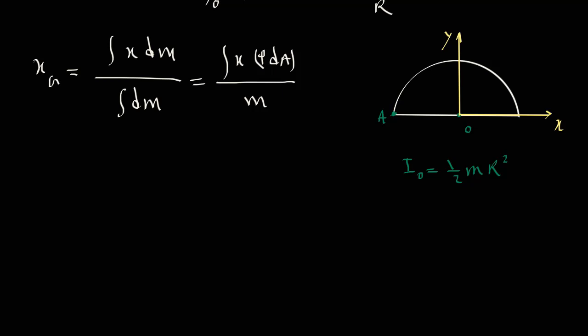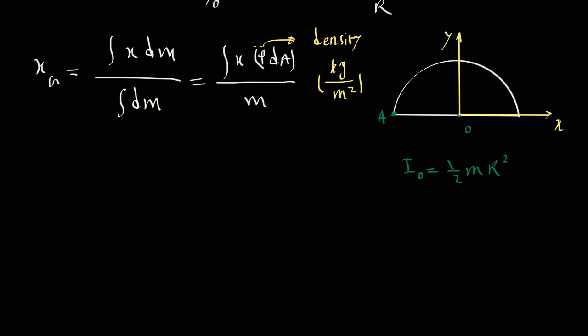So rho is density, and it has a unit of mass per area, because we are in 2D, kilogram over meter squared.